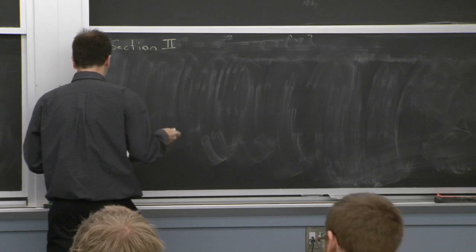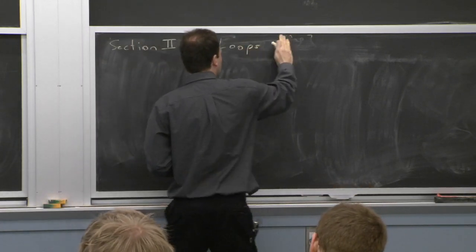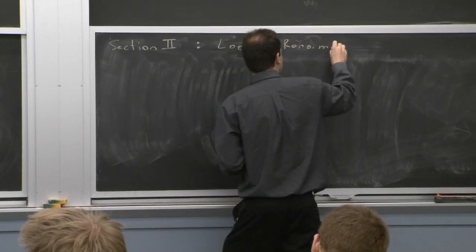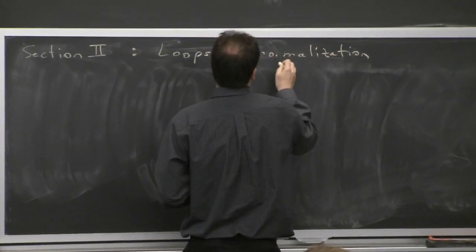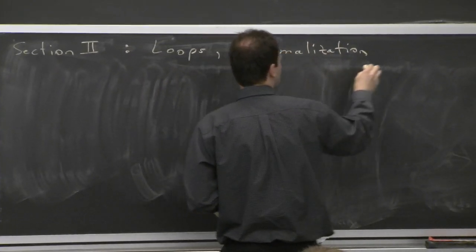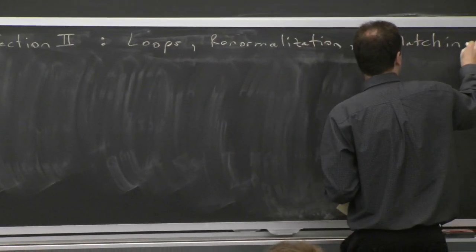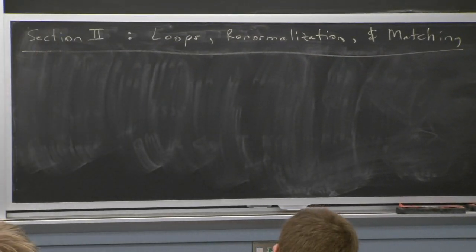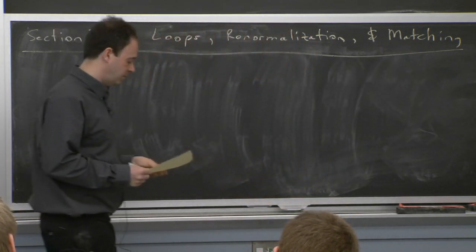So we'll start a new section. And the goal of this section is basically to be more careful about loop diagrams, and in particular to show you what matching is between 2 effective field theories.